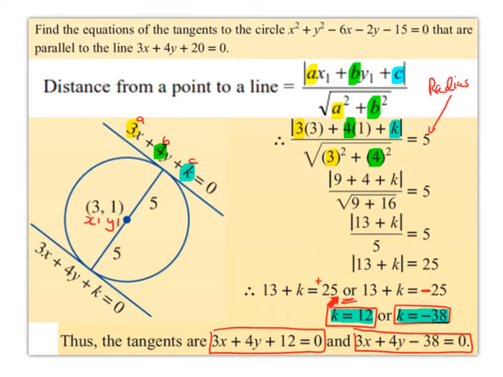So then solving for k, we get 12, and solving for k on the right, we get minus 38. So then all we have to do is substitute the 12 and the minus 38 back into our equation of our line, which is our tangent. So thus the tangents are 3x plus 4y plus 12 is equal to 0, and 3x plus 4y minus 38 is equal to 0.